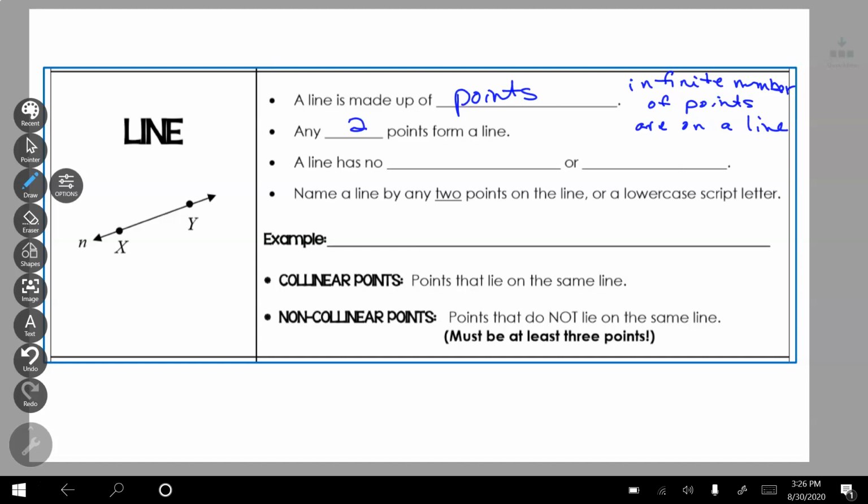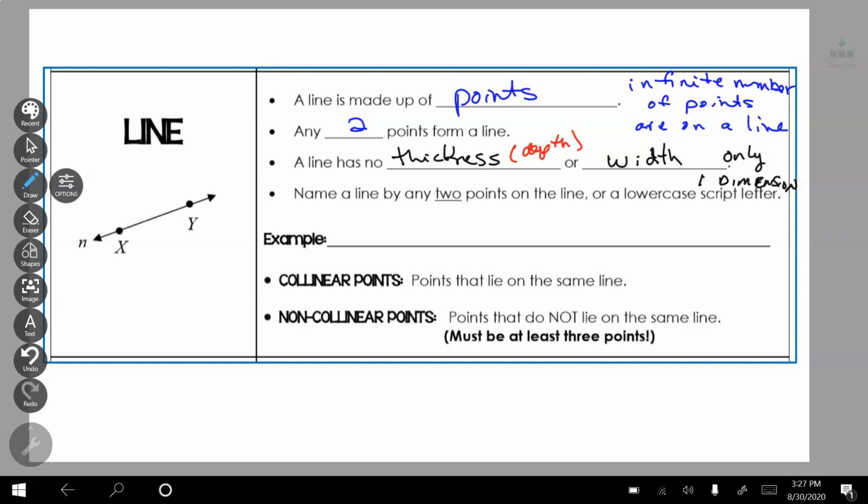So a line has no thickness or width. It has only one dimension. And when I say thickness, I mean it has no depth. So a line is just a one-dimensional figure.